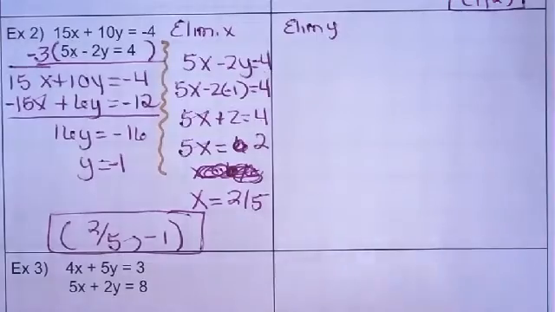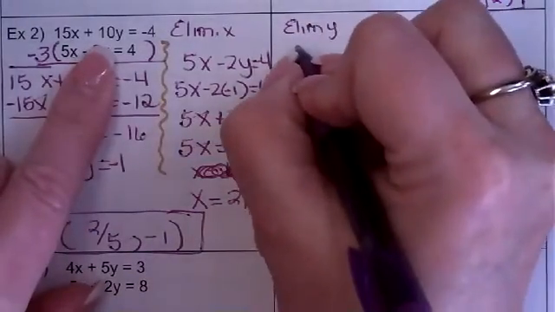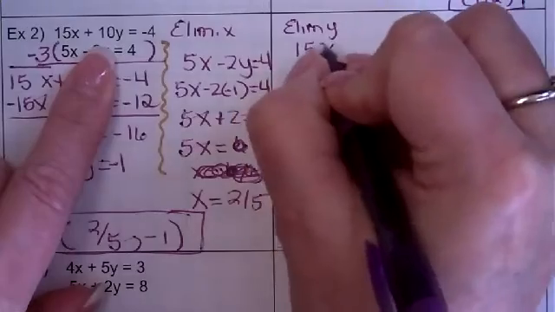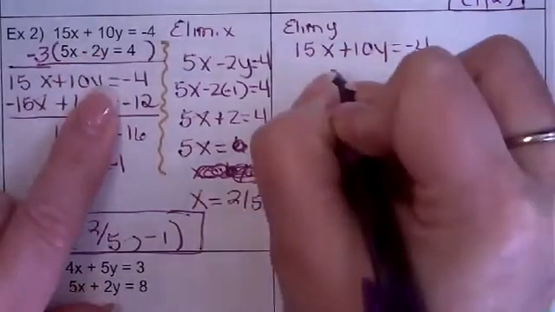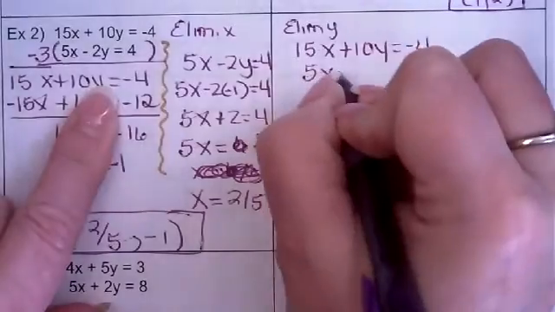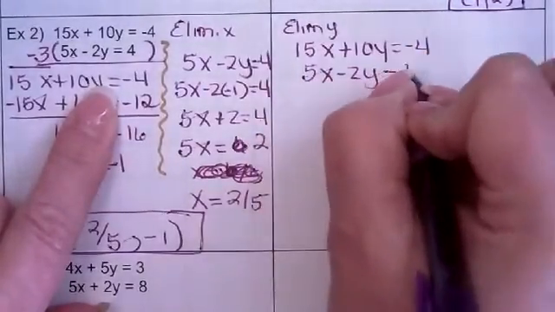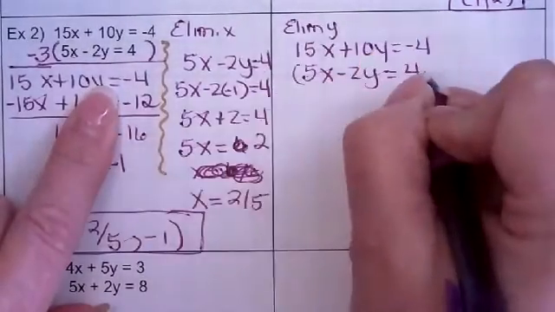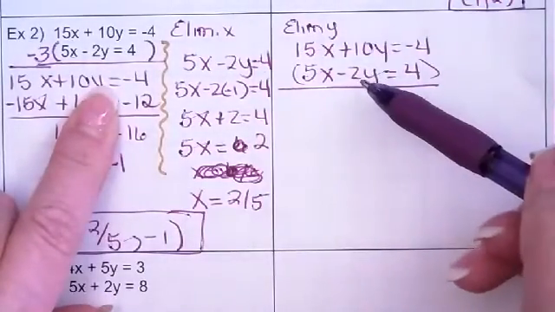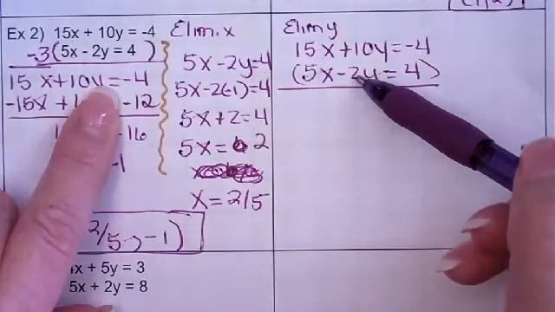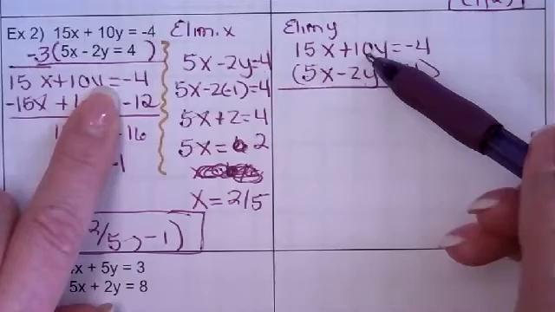So now, if I want to eliminate y, the first thing I'm going to do is start with my system, 15x plus 10y equal to negative 4, 5x minus 2y equal to 4. Now, I want to eliminate the y in this one. So what can I multiply 2 by to get 10?